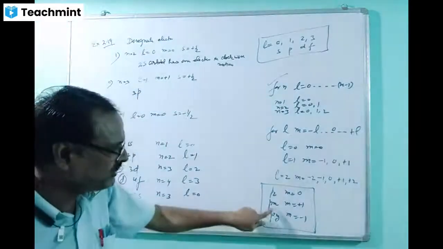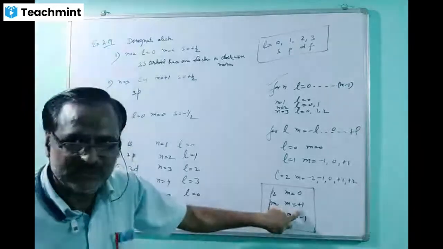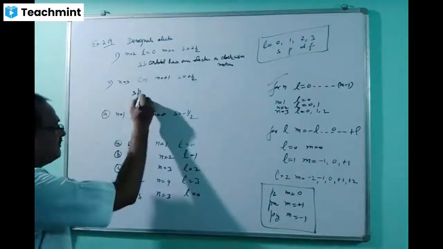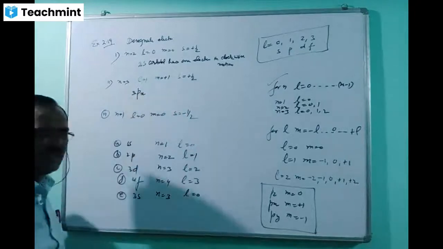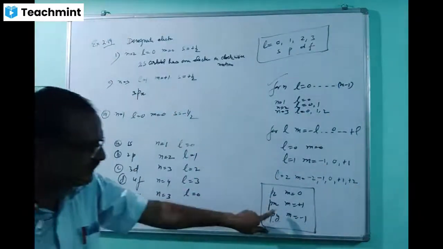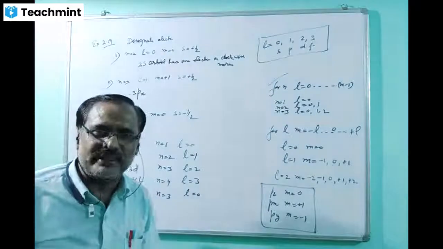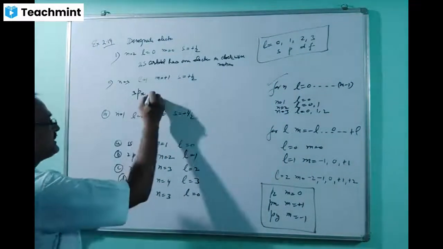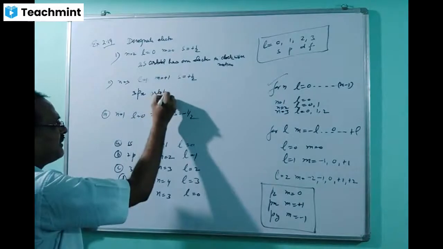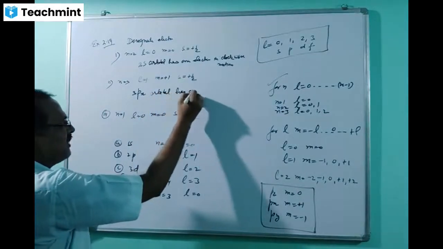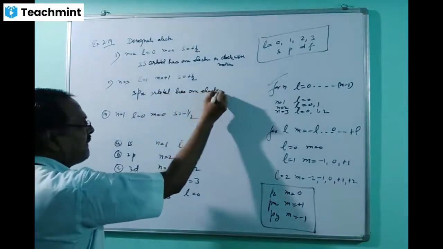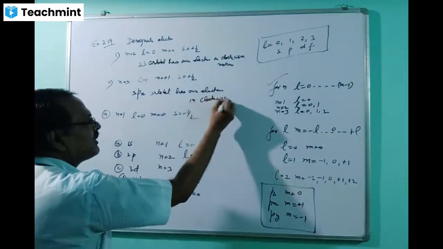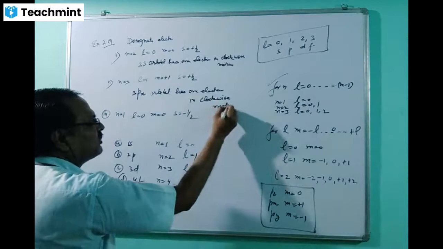Yesterday I gave you that for px, M is equal to plus 1. So this orbital will become 3px. The 3px orbital contains one electron, in clockwise motion.